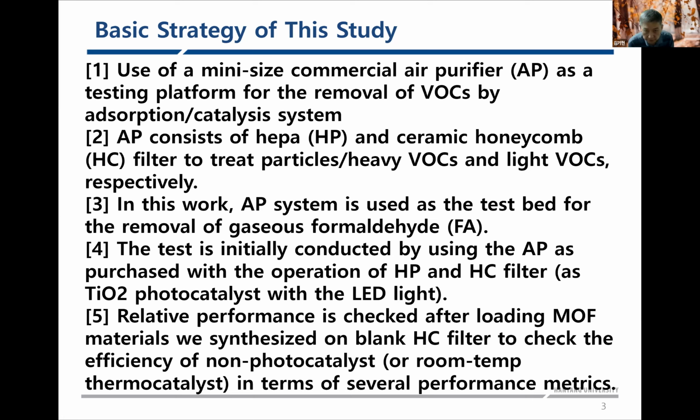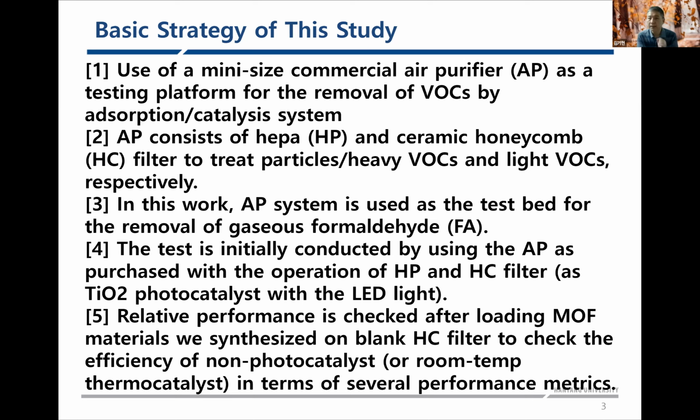Anyway, what is most important in this study is the air purifier. The commercial one is built with the honeycomb filter with the aid of a photocatalytic system using an LED light as a UV source. However, in our laboratory, we developed a MOF material as a non-photocatalyst or room temperature thermal catalyst.